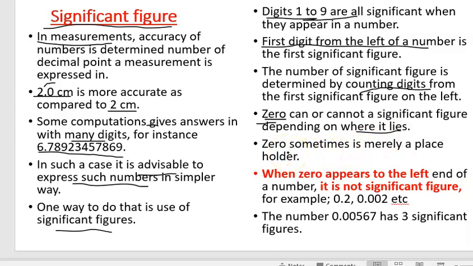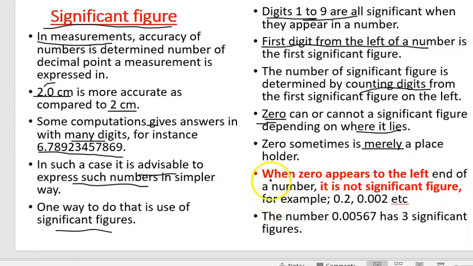Sometimes 0 is just there as a placeholder, or we say a value holder. So in most cases, if 0 is not a significant number, then it is what we call a placeholder or a value holder for that particular case.